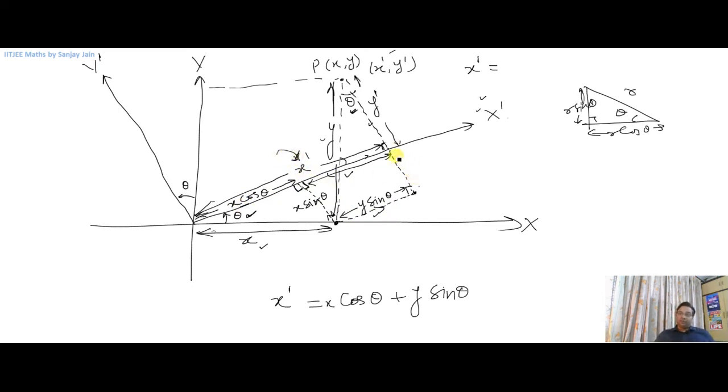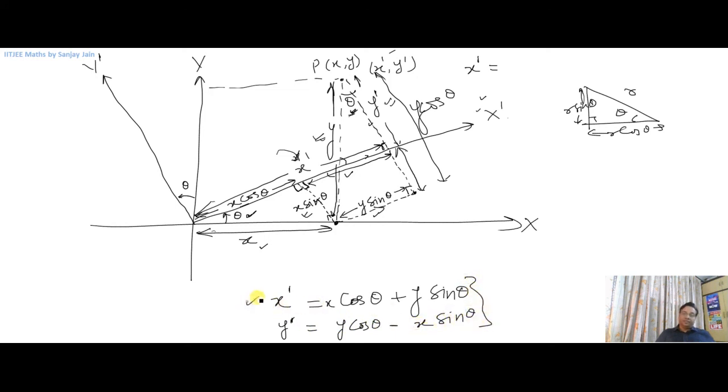Similarly, you can find y dash, right? What will be y dash? This is y, this is theta, so this entire length up to this point is y cos theta, right? And this length we already know is x sin theta. So what will be y dash? It will be equal to y cos theta minus x sin theta, right?